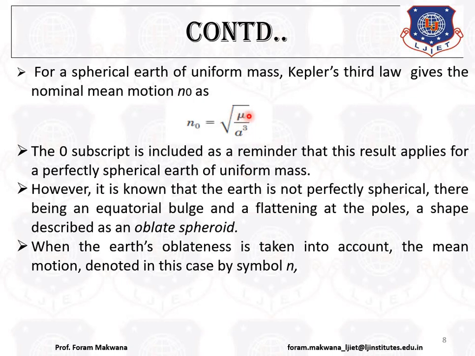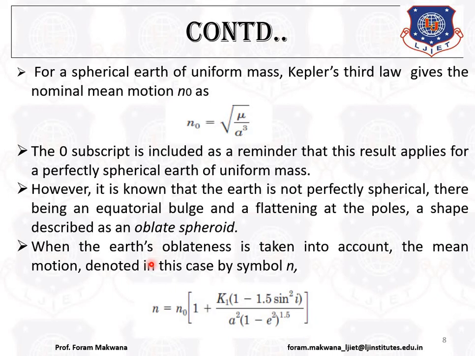Mu stands for geocentric gravitational constant and small a stands for semi-major axis. However, it is known that the earth is not perfectly spherical. There is an equatorial bulge and flattening at the poles. So that shape is known as an oblate spheroid.